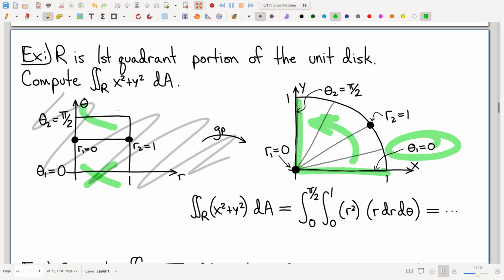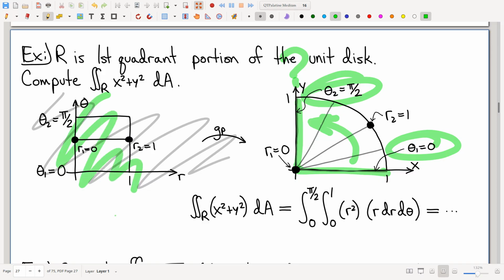I don't need to draw it over here to see what theta is on that last slice. I know how polar coordinates work, and that direction in the xy plane, that direction is where theta is pi over 2. So I didn't need to draw any of this.